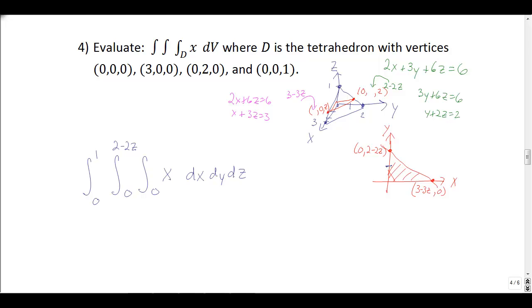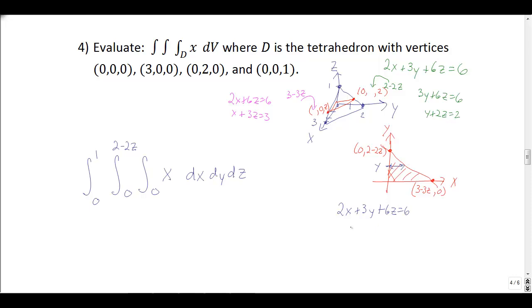For that line, I fixed y, and I've got z fixed. To find this upper bound, I take my plane equation and solve for x. I have 2x plus 3y plus 6z equals 6. Sorry, y is fixed, and x goes from here to here, so x starts at 0.